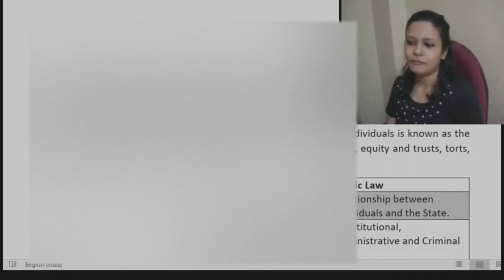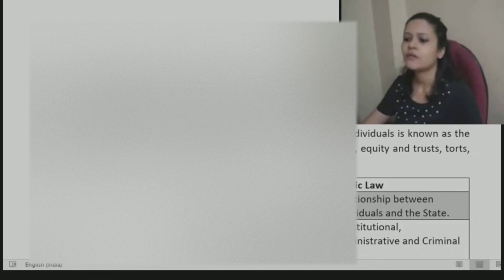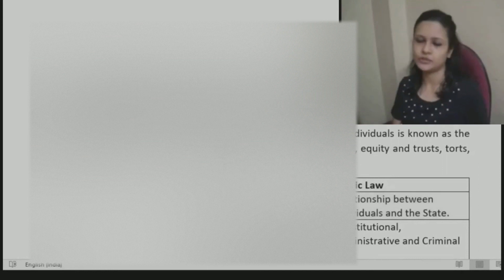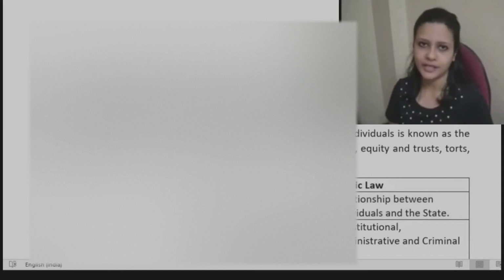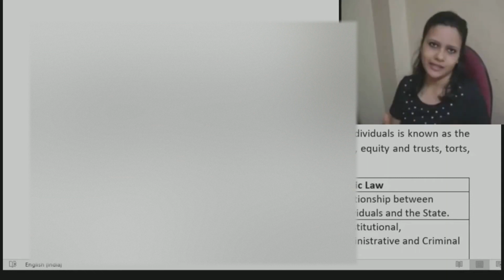In case of private law, it is about relationship between individuals. Okay, where it might be a contract that two parties entered into. They themselves decided these will be the terms or conditions. These will be our rights and obligations. There it is just their personal relation.